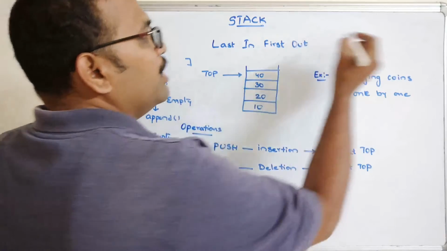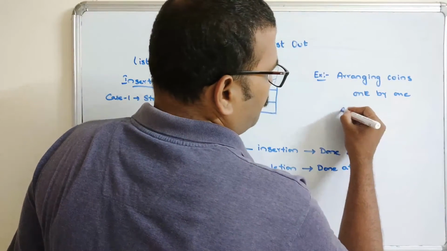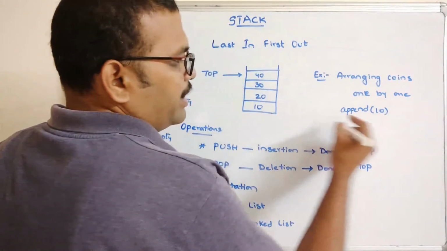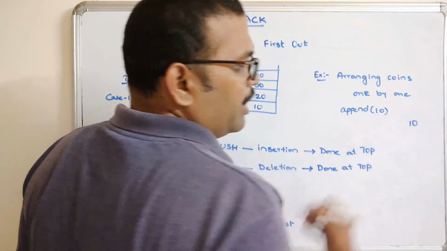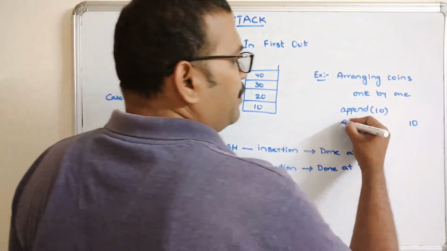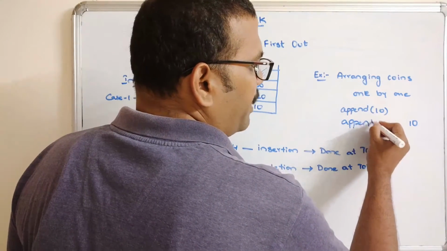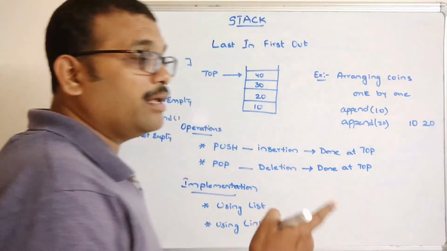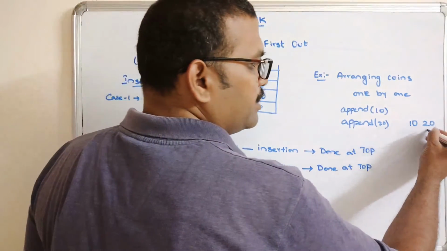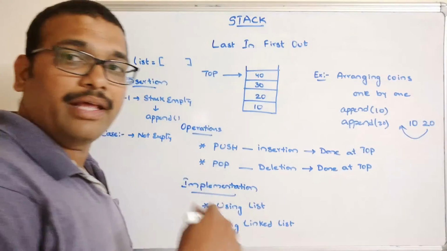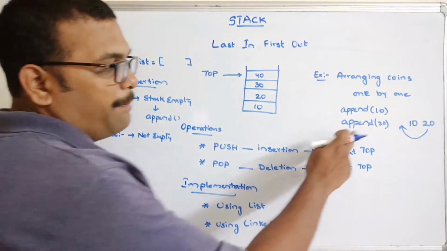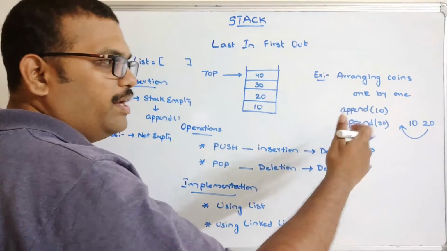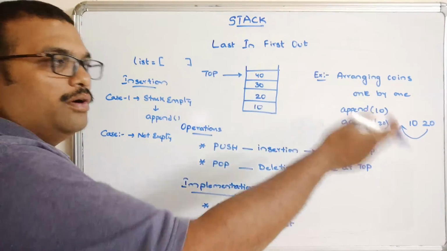For example, if you append 10, the 10 will be appended to the list, and immediately after that, if you append 20, then 20 will be inserted here, but in the stack the 20 should be inserted at the top, not the end. So here the append function will append the element at the end of the list, but here we need to insert the value at the beginning.